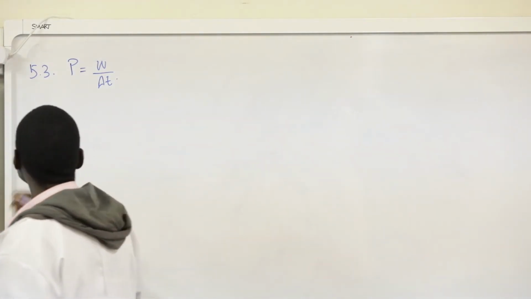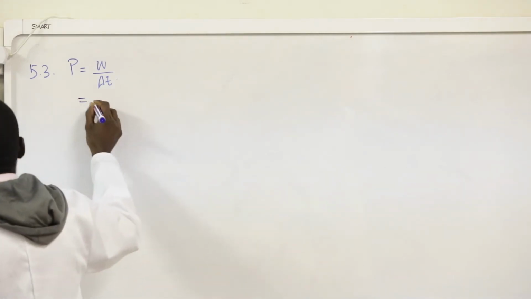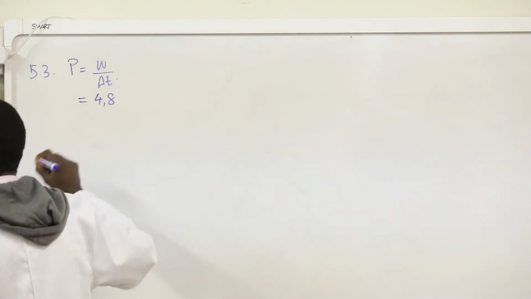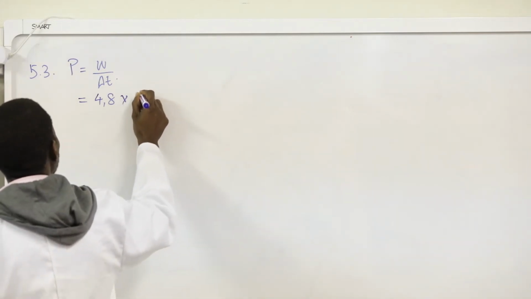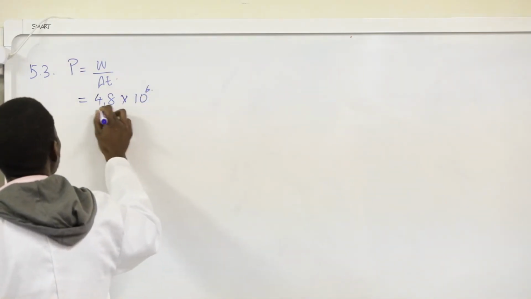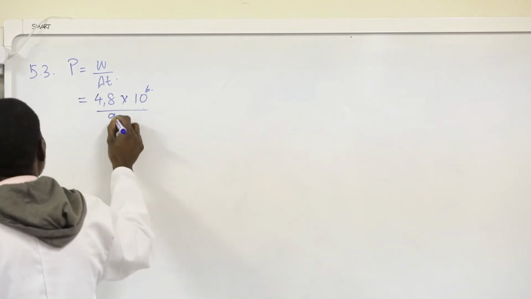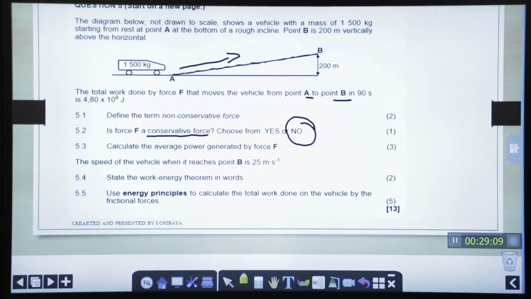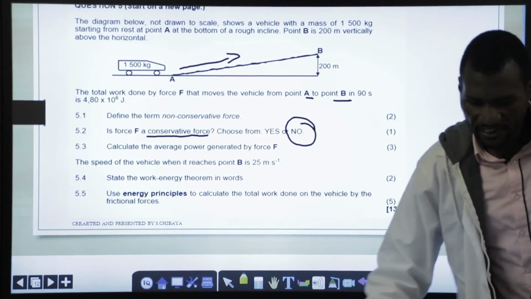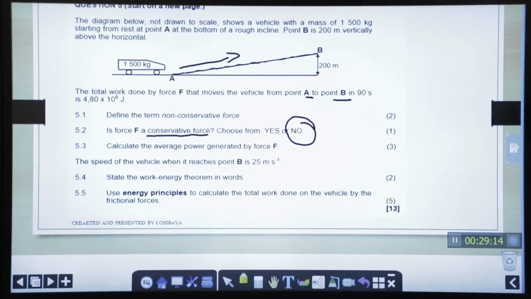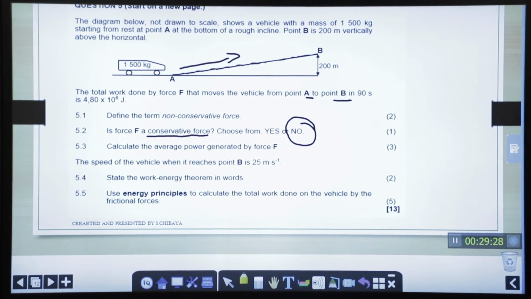Yes, I do. The work done is 4,80 times 10 to the power of 6 divided by time of 90. Pull out your calculator with me and let's do the calculation. Very simple. 4,8 multiplied by 10 to the power of 6 divided by 90.